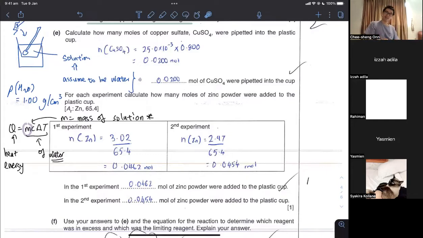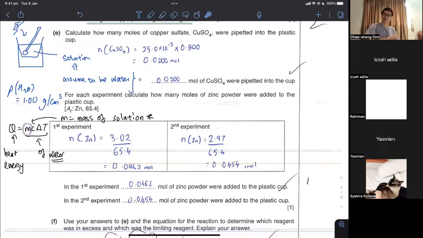So the key mistake is you measure the mass of the solid. Now students think mass is mass, so they want to put the mass here. Number one mistake: do not put the mass of solid in here. Do not add in the mass of solid and the mass of the solution, because you are raising the temperature of the solution. The solid does not dissolve in the solution. The solid reacts with the solution, you see?